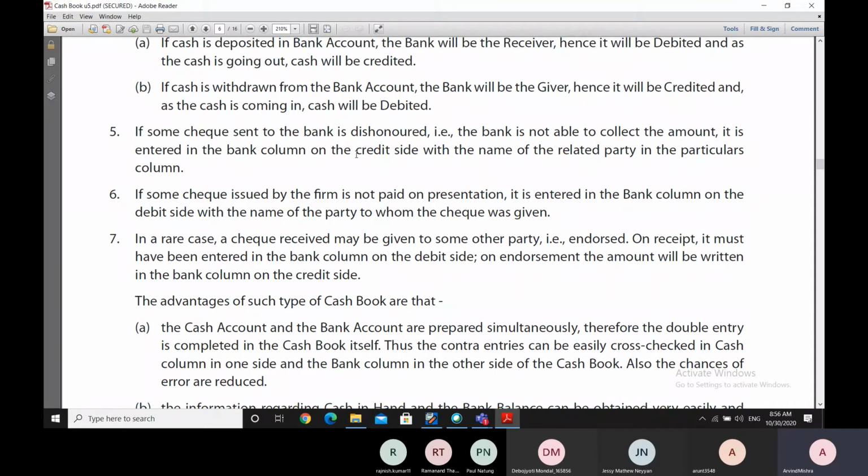We will not enter into the bank column because it is not so far paid into the bank. And then we send that check to the bank. And when we send that check to the bank, we make a contra entry in the same row on the receipt side of the bank, as if cash has been taken out and sent to the bank.